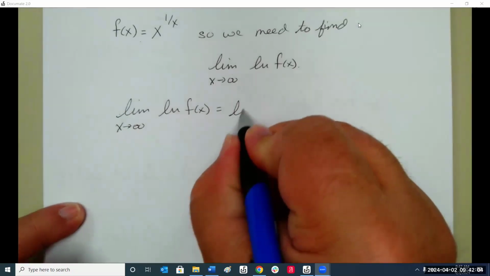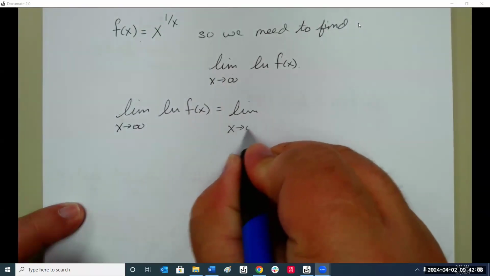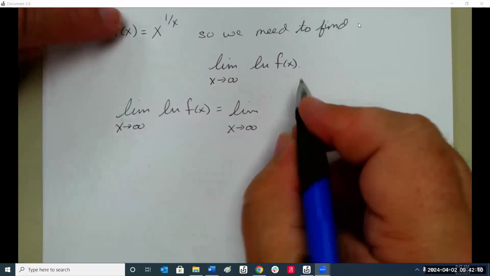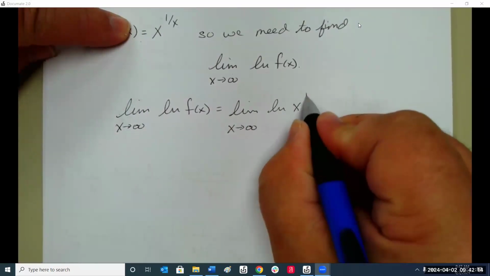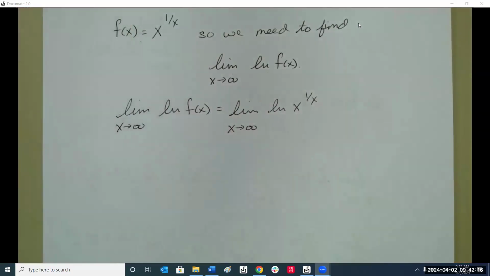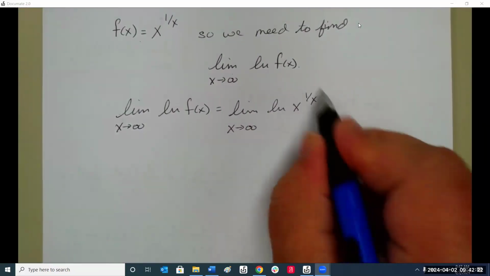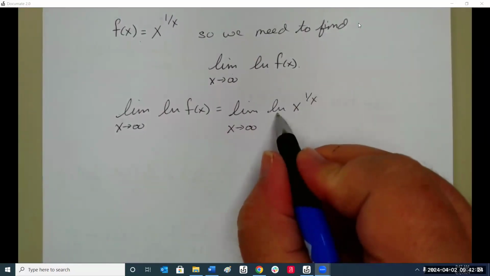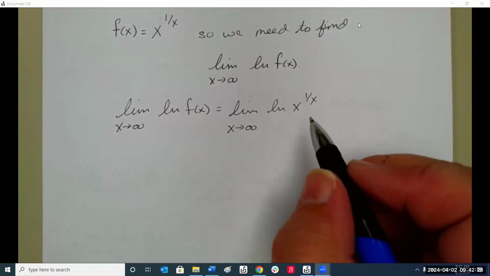So that becomes the limit as x goes to infinity of our function, x to the power 1 over x. Again, as we did earlier, the rules of ln, if you don't remember them, review your rules of logarithms.